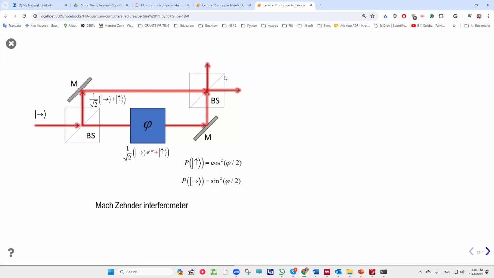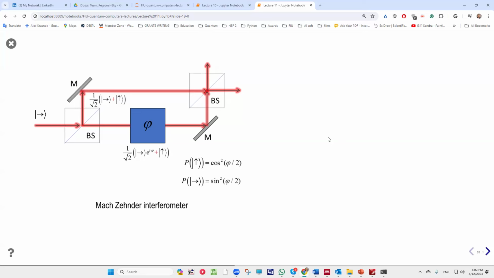So this is exactly the golden single qubit circuit, but realized in optics. Okay, and if you recall the result, the main result was that if we change the phase of this phase gate, we can control the probability for the photon to go either way, to go up or, sorry, to go right. And these two probabilities are given by the square of cosine or sine.